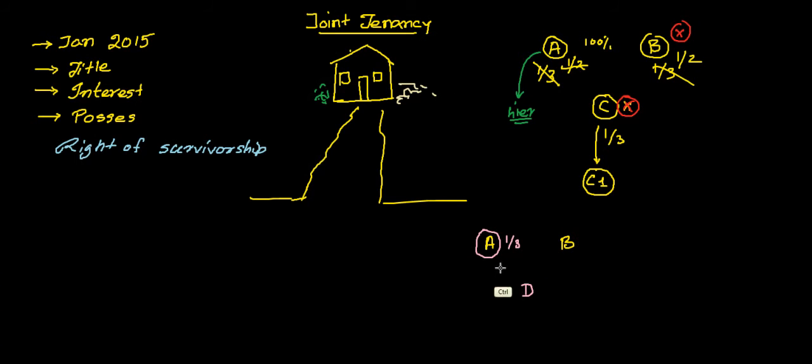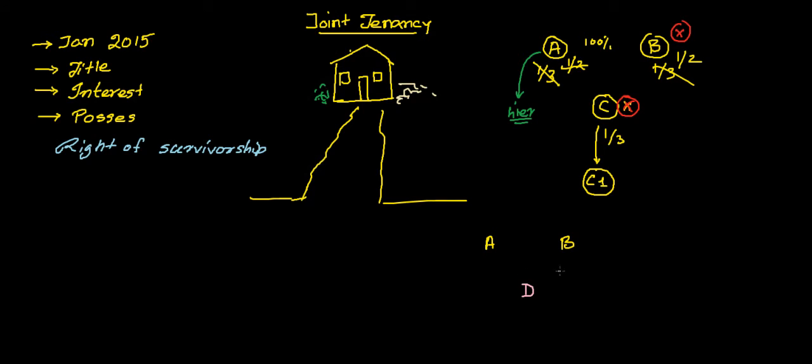So D is coming in here; let's say, given a different situation, C is still in joint tenancy with A and B, and they each own 1/3.